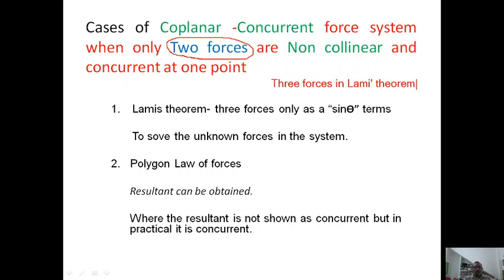So you should keep that in mind: here we are not seeing two forces, we are seeing three forces. Please mind it. Those forces are like this.